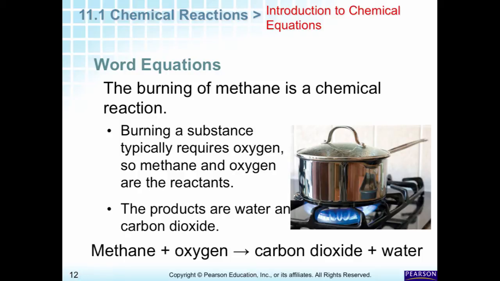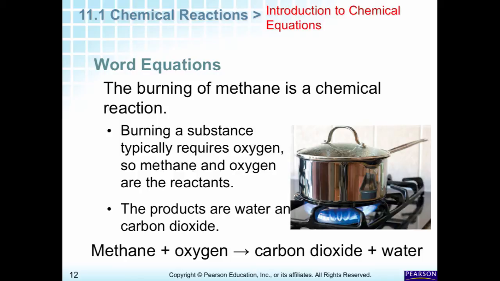Okay, another important equation. If you have a gas stove at home, you may be using methane. You could also be using propane, but we're going to look at methane because methane is the simplest of the gases that we use for cooking. When you burn something, you need oxygen, at least here on Earth. I think that's true almost any place.